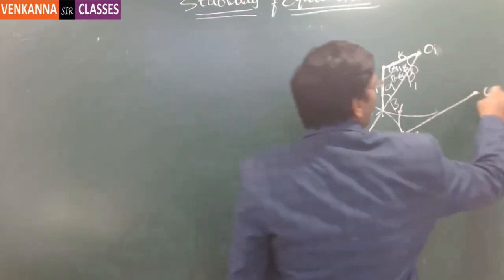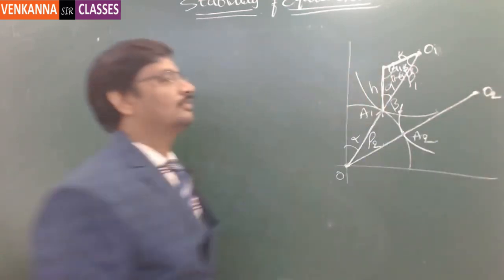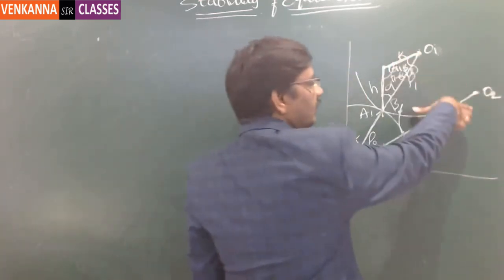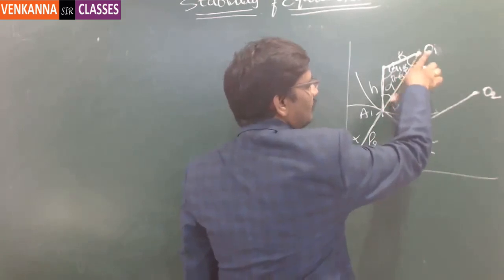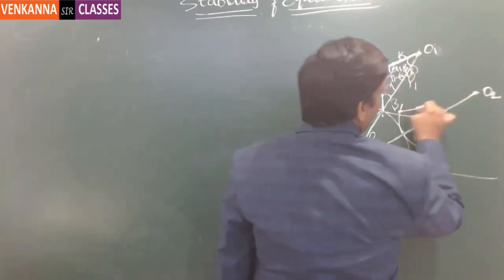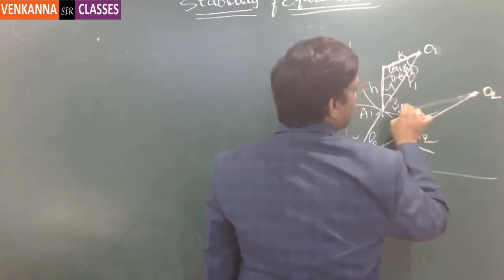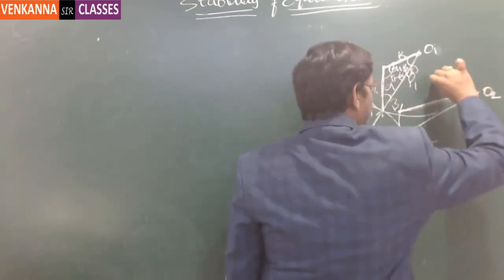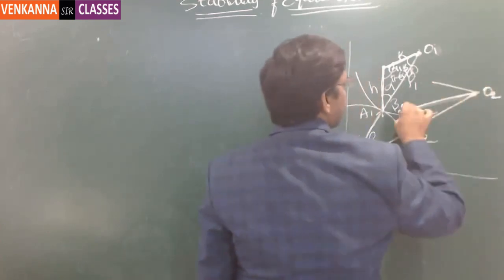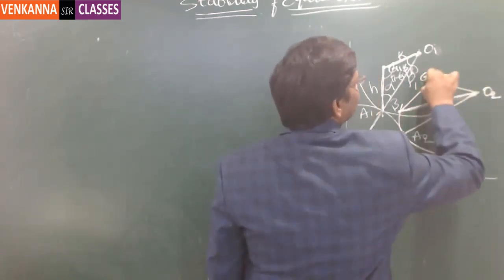So O1 becomes O2 now. That means when it is rotated like this, this line will be this one. I call this G2.